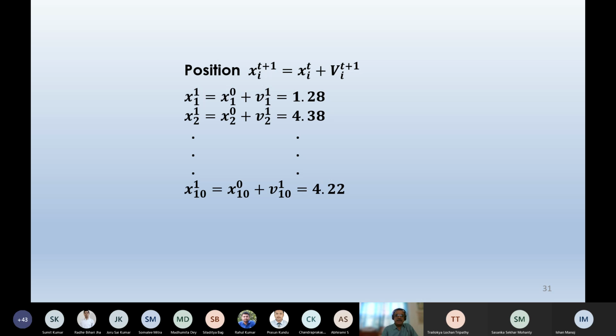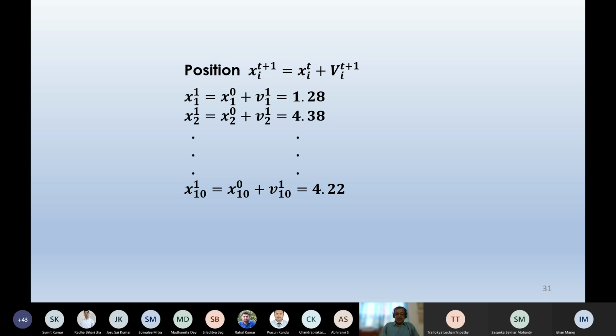And if you substitute the values, you'll be getting X11 is 1.28, X21 is 4.38. Then comes your X34 is 4.22. What does it mean? It means that this is the position of the 10 particles in the next iteration.